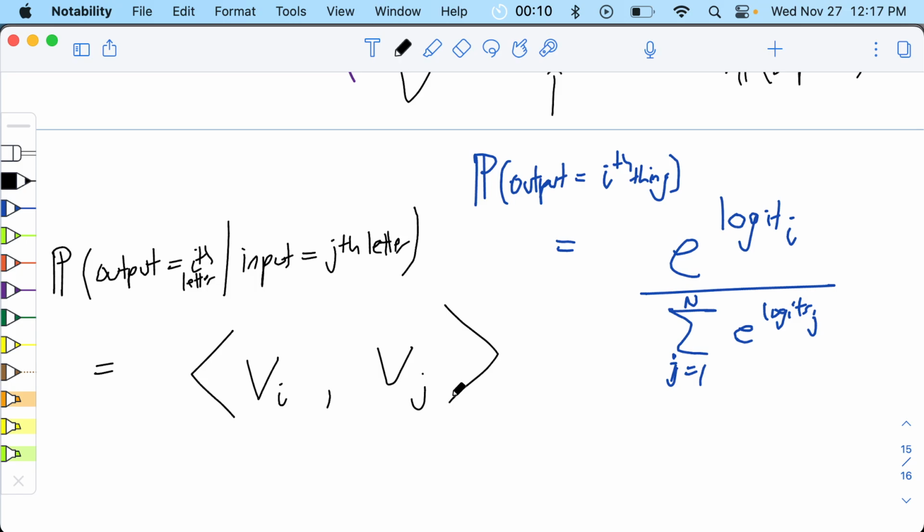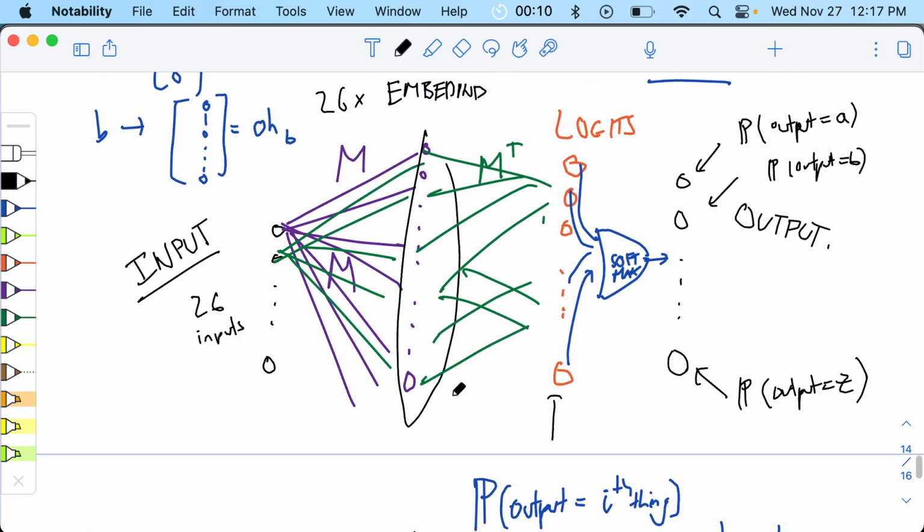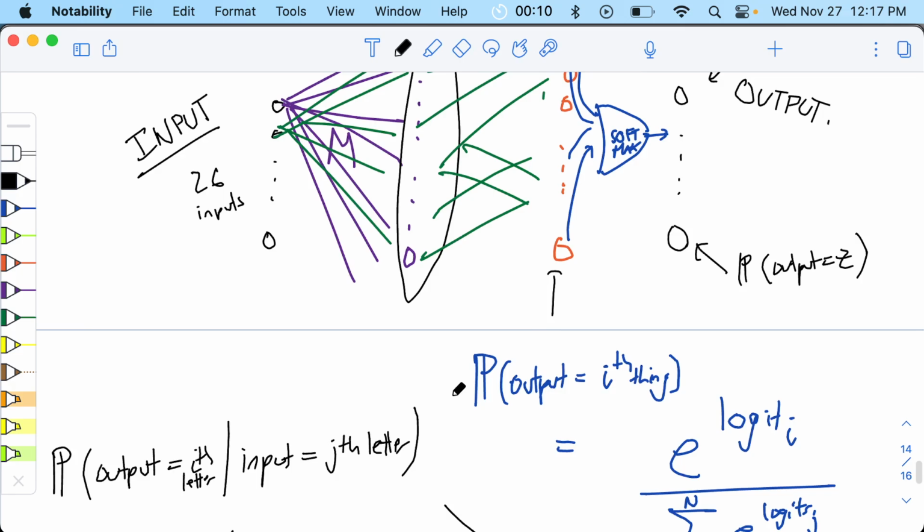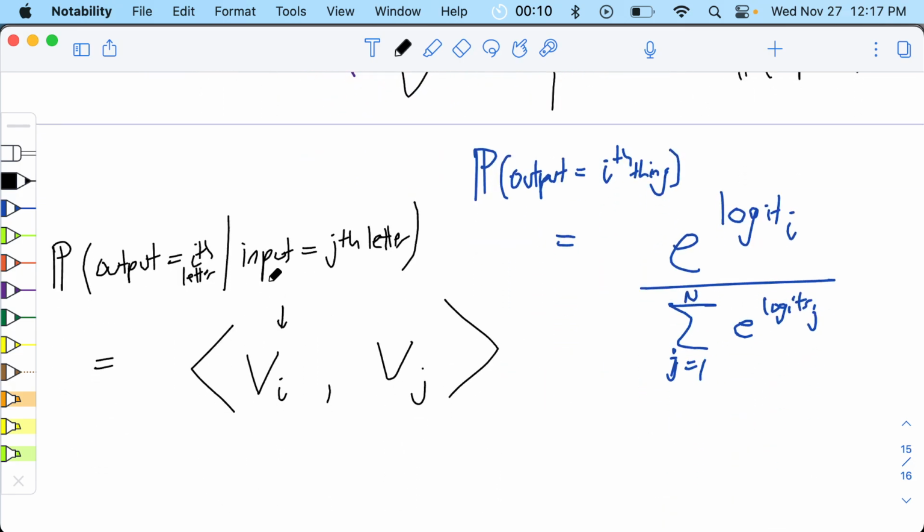So if you go through the math of what this means, first you do M of the thing, that is the vector I. So this M v_I is M times the 1 hot of I. This v_J is M times the 1 hot of J. And what is v_I times v_J transpose?